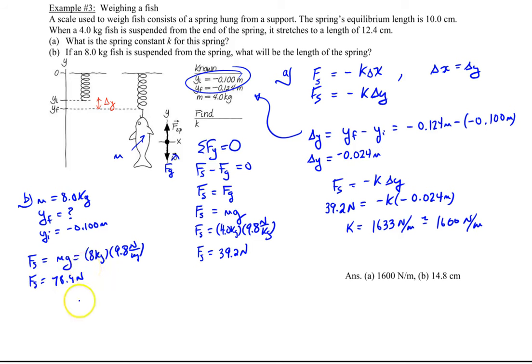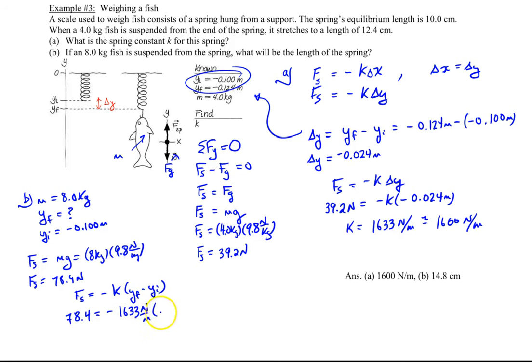And then we can set that spring force equal to negative k. And instead of delta y, I'm just going to write y final minus y initial. And we have 78.4 equals, well, let's make the assumption, hopefully you can say that, it's still the same spring. So the springiness, the spring constant, the stiffness of the spring is still going to be the same. So it's still 1,633 newtons per meter.